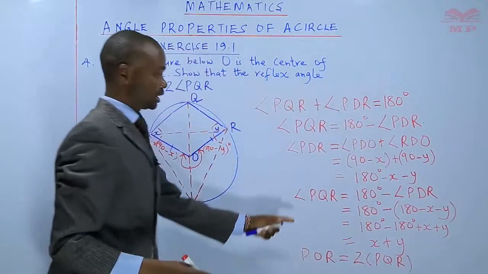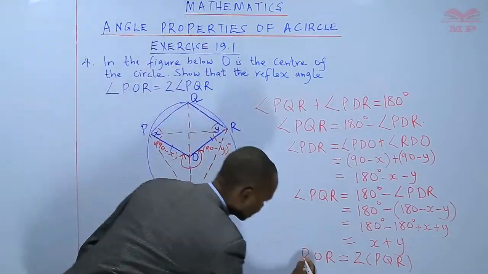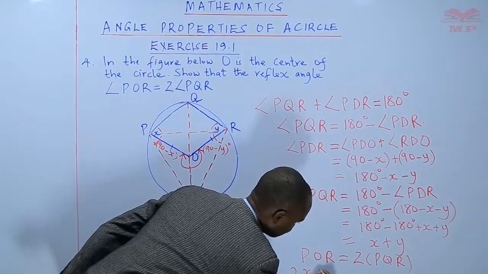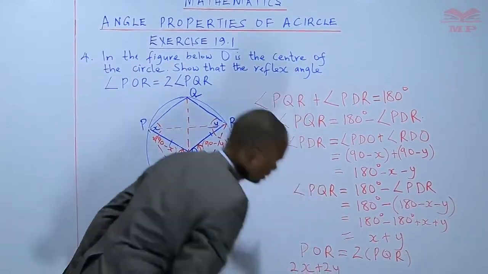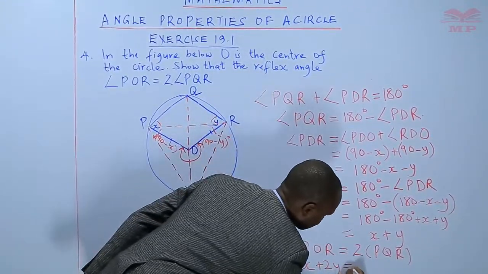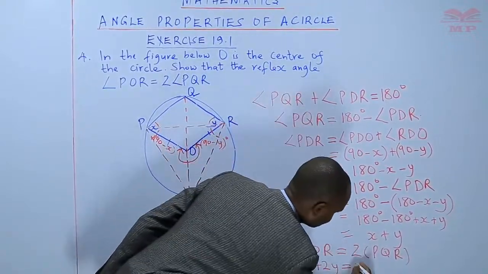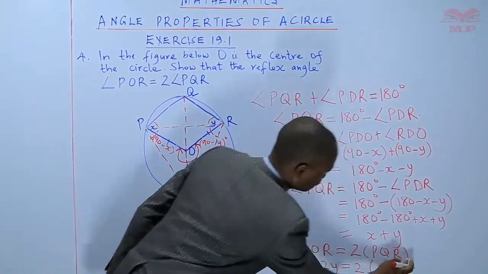You'll substitute in whatever you get. We got POR is what? 2x plus 2y is equal to PQR. We have already got that value.